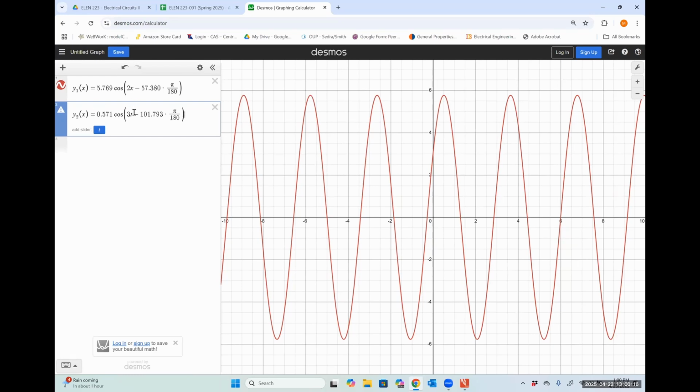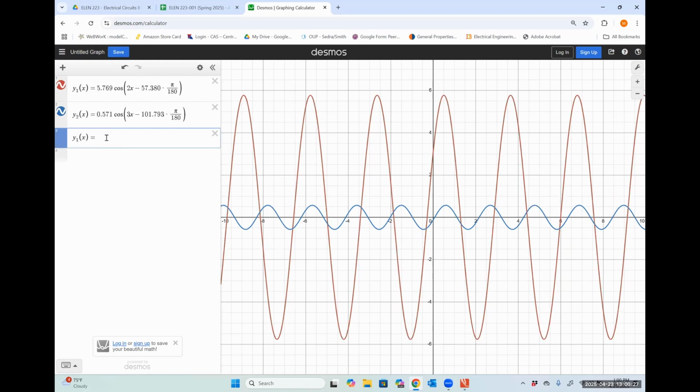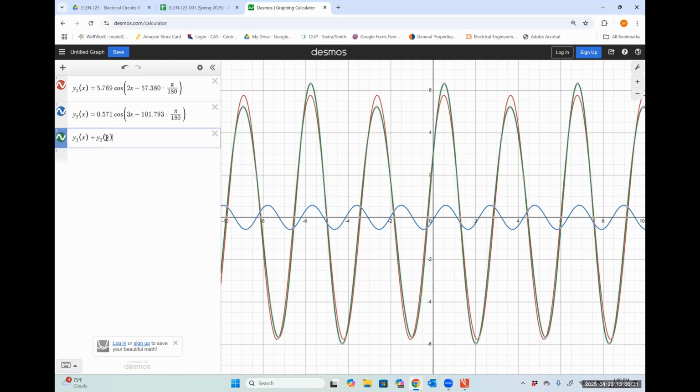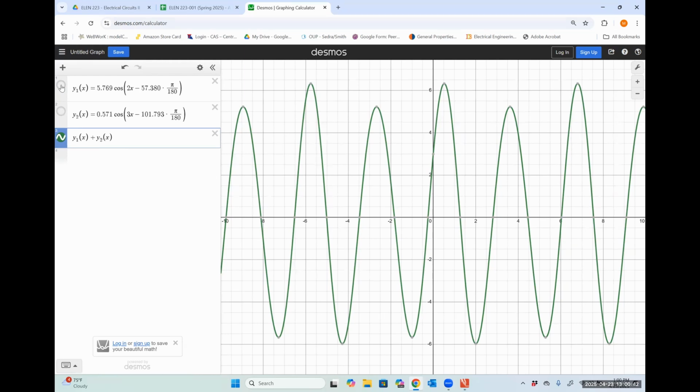Oh, and I need to change that t to x because I don't remember how to set up multiple variables. And this guy down here is just going to be y1 plus y2. And I'm going to turn those other guys off. And we can see that this is very much not a single sinusoid because our amplitude appears to constantly be changing as we look at things from cycle to cycle, all that kind of good stuff.